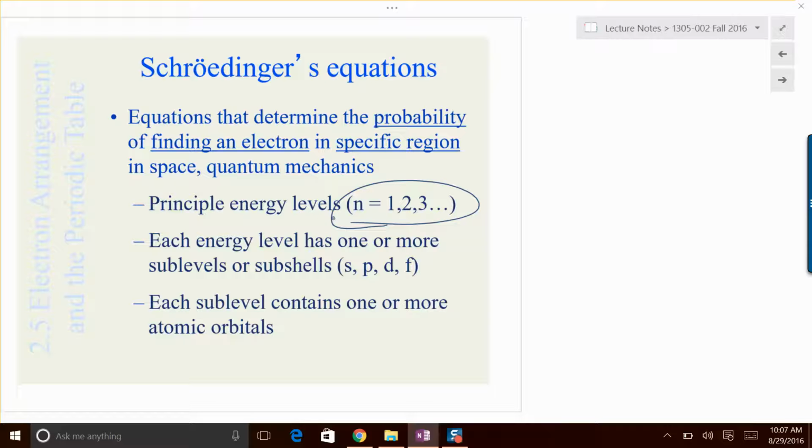Where does nickel reside? Nickel is in the D sub-energy level. That's a 3. 3D shell. 8. Good. 3D8. 1, 2, 3, 4, 5, 6, 7, 8, and I get to nickel.